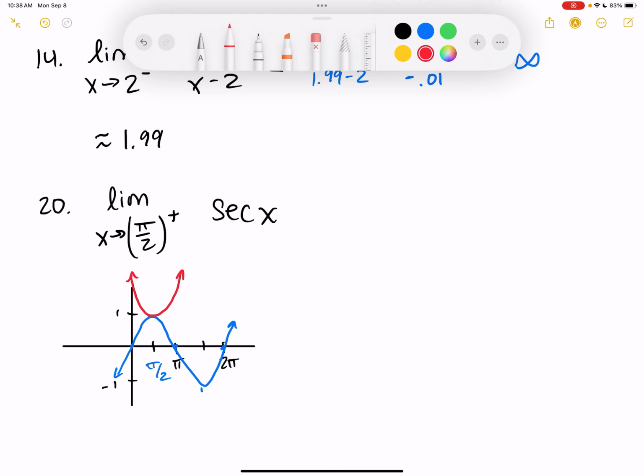I'm so confused. Hold on. Pi over 2 from the right. Because I have that it's negative infinity. Well, the book has that it's negative infinity. So I'm trying to look at the graph here and figure out. Let me see. Trace. Nope, not trace. Second trace. Value. I'm going to do it at pi over 2.